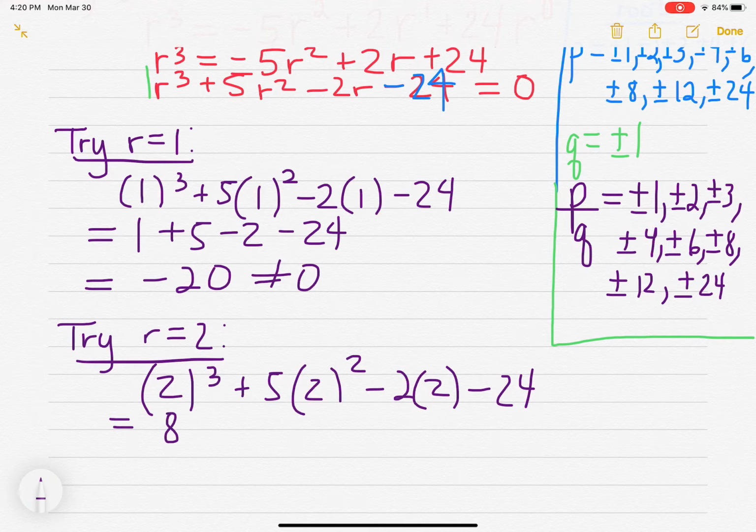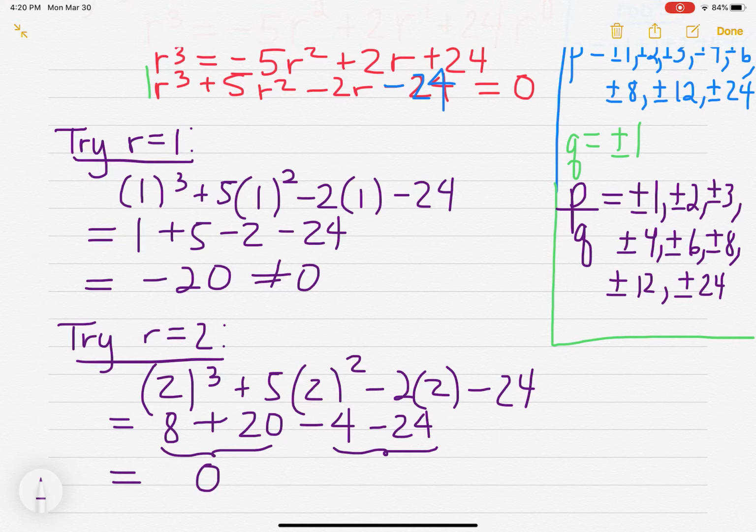We're going to get 8 plus, what's 5 times 4? 20, minus 2 times 2 is 4, minus 24. Now here we got 28, this is minus 28. That's going to zero out, so we're going to get 0. So r equals 2 is a root. We found a root.